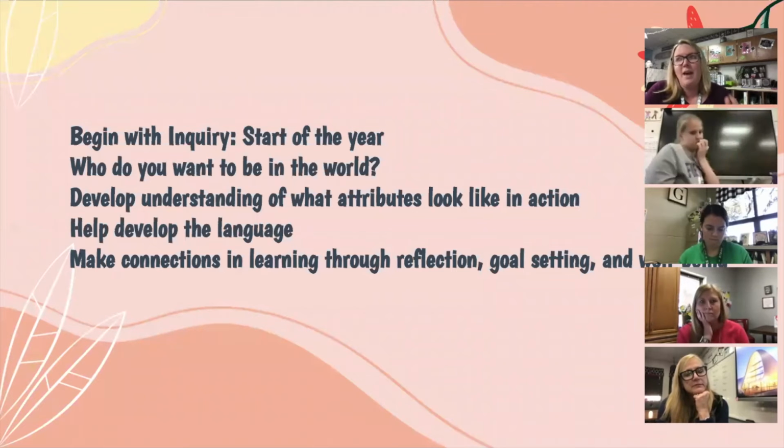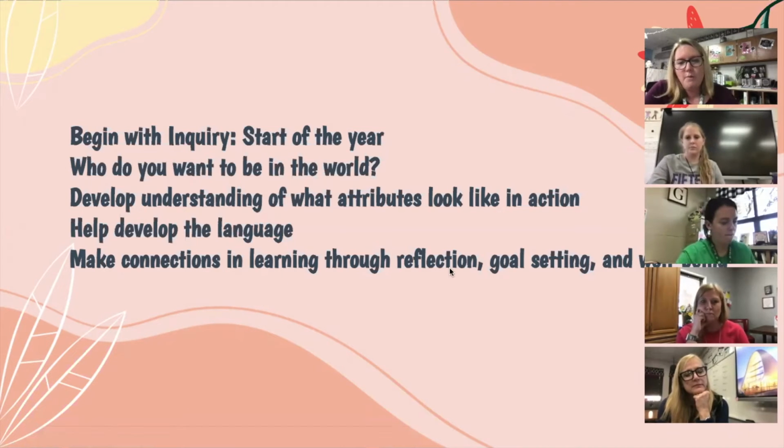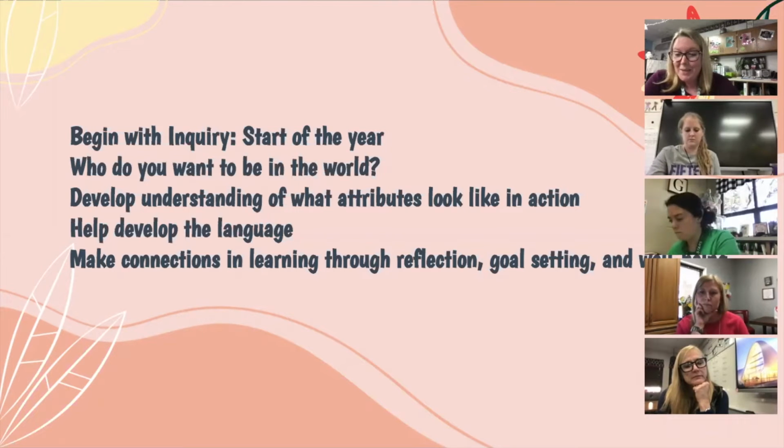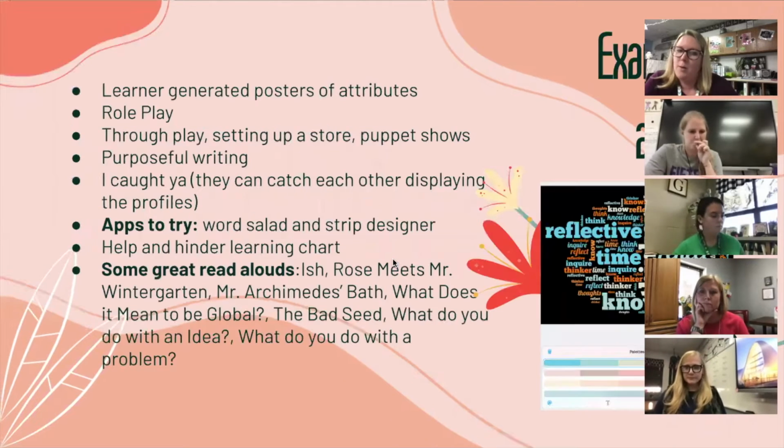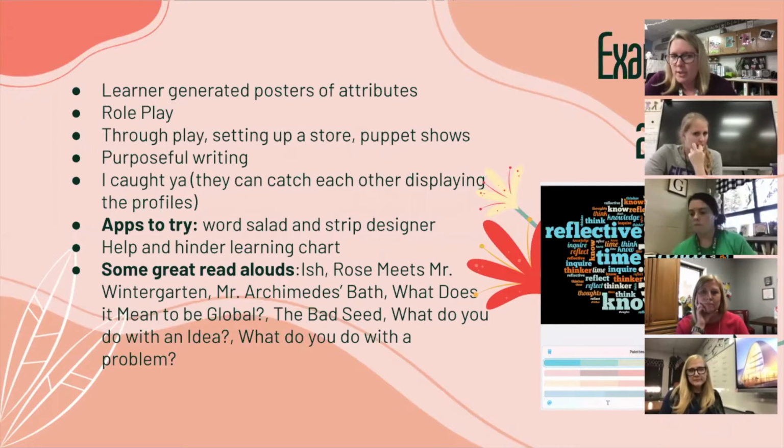So we have a big range of vocabulary within our profiles that we could help develop, and then making connections and learning through reflection, goal setting, and well-being. And the goal setting piece is what we're going to move into and focus on for most of our presentation today.